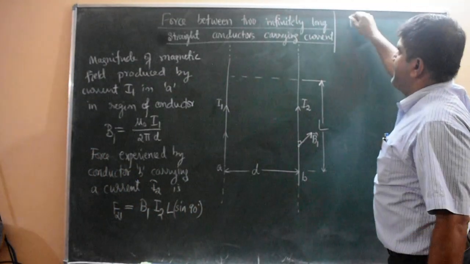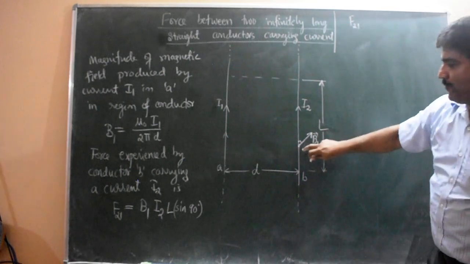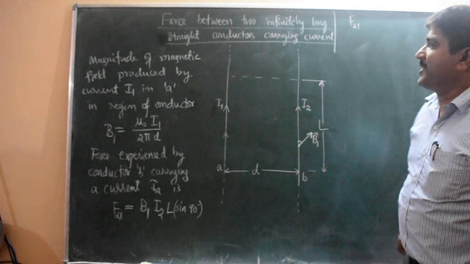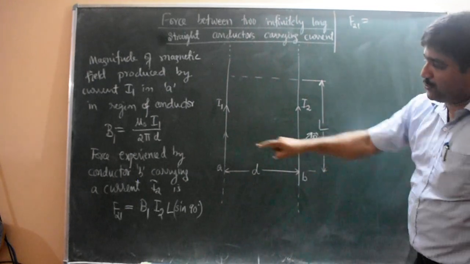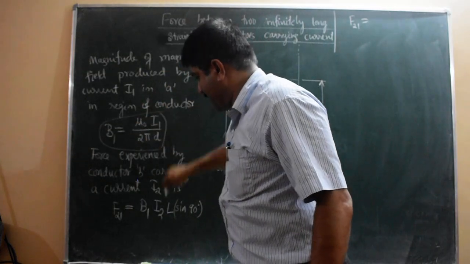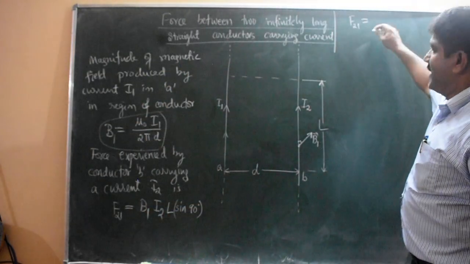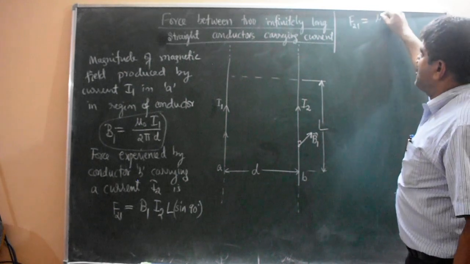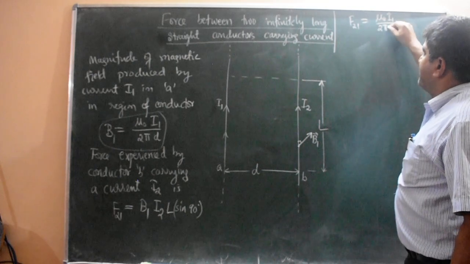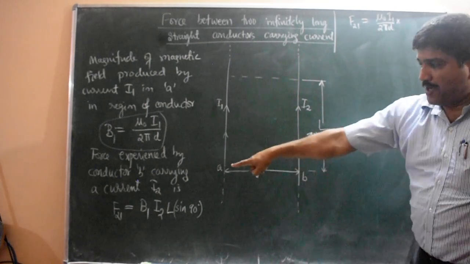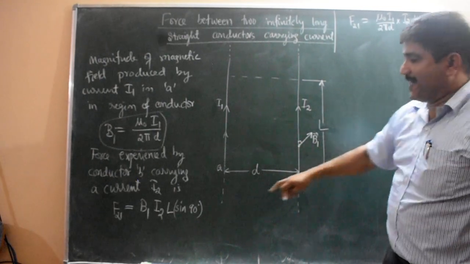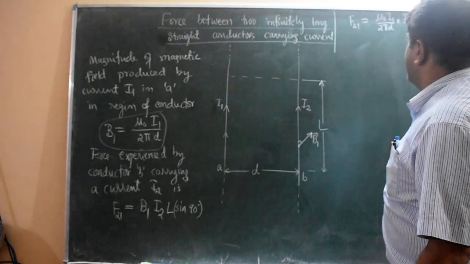The force experienced by conductor 2, conductor B, due to the field produced by the first conductor is F21 equal to, substituting B1 in this expression. B1 is mu naught I1 divided by 2 pi d, into I2 into L, and sin 90 degrees is 1, so no need to write.